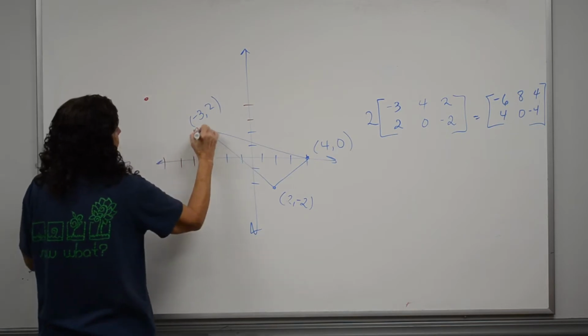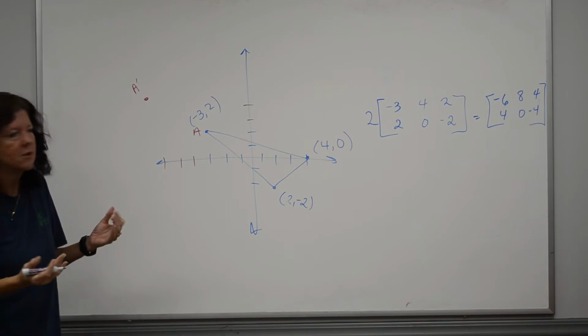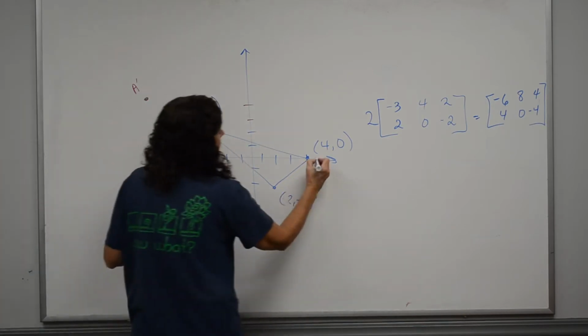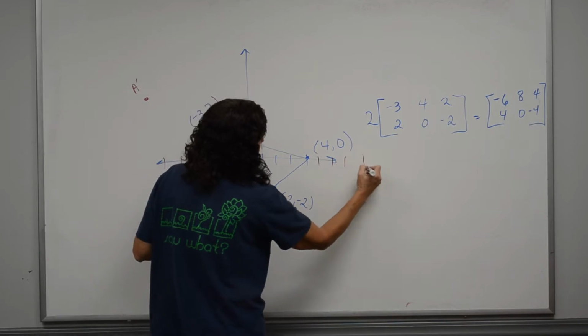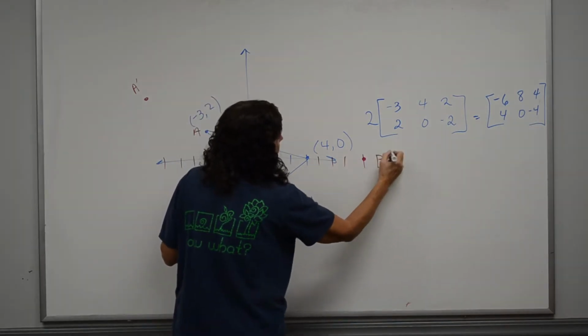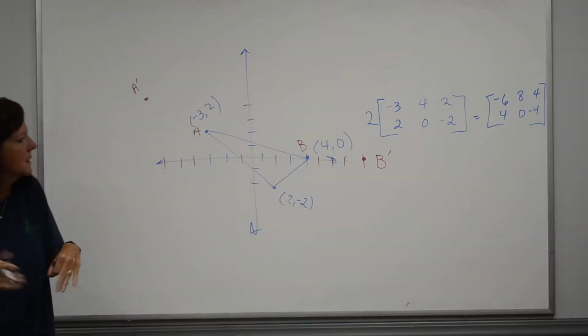So if this is A, this becomes what we call A prime because I've done a transformation on it. Then 4, 0 becomes 8, 0, which is right here. So I'm going to call this B prime if that's B. That's like B once something's been done to it.